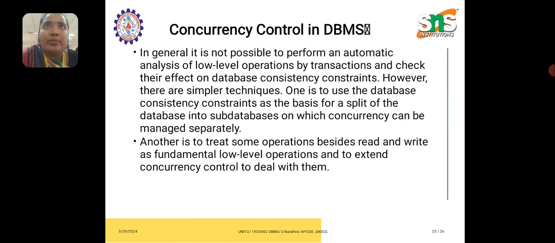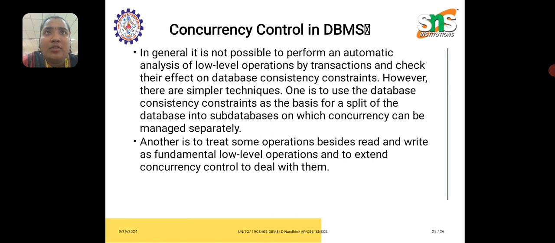Next one is the lost update problem. The lost update problem occurs when two or more transactions modify the same data, resulting in the update being overwritten or lost by another transaction. The lost update problem can be illustrated with the below scenario between two transactions T1 and T2. For example, it has 5 steps. T1 reads the value of an item from the database. T2 starts and reads the same database item.